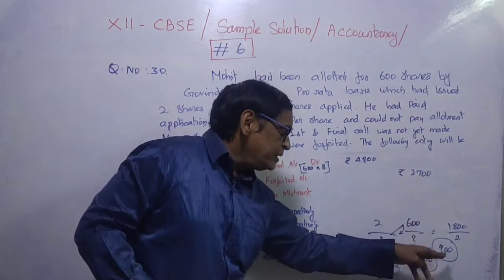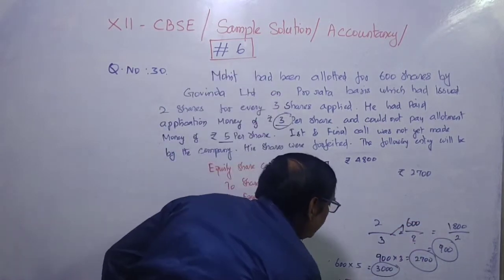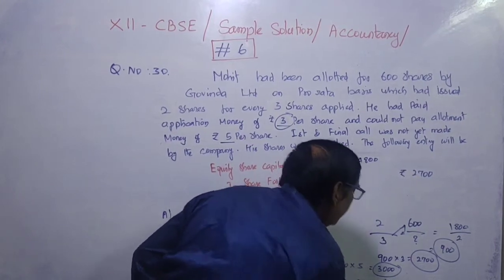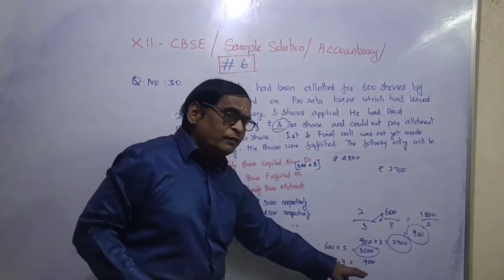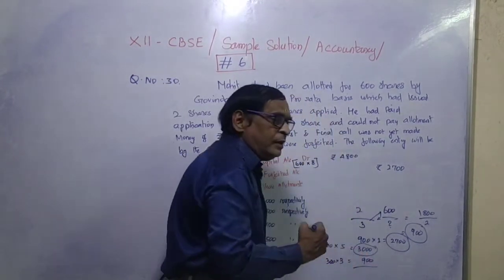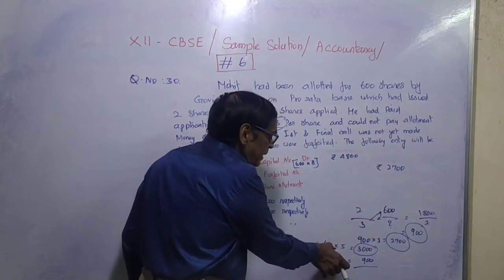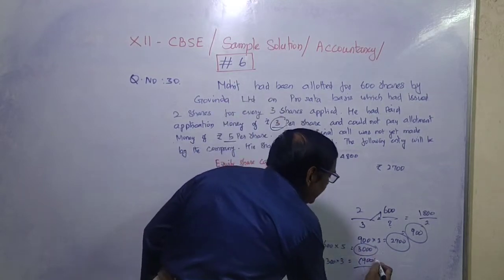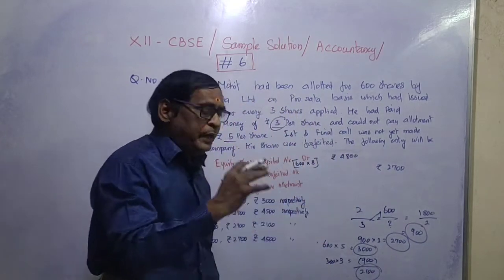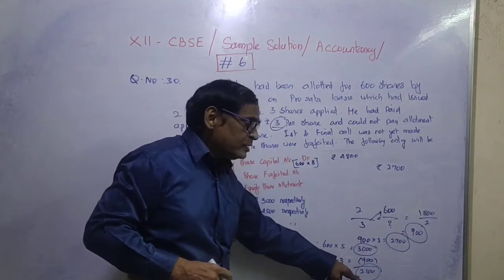So extra money is there for 300 shares, at 3 rupees, so 300 into 3 is 900 rupees he has already remitted along with application money. So how much does he still have to pay? The total amount due is 3,000. He has already paid 900 rupees along with application. If we deduct 900 rupees, 2,100 he has yet to pay. That is the allotment money still not paid.